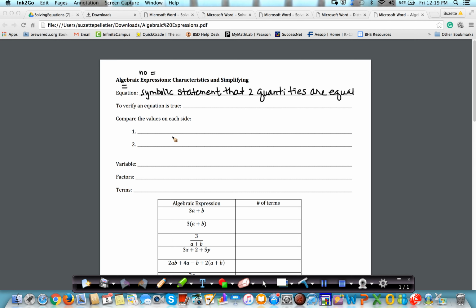So one of the things we're going to talk about is how you verify whether an equation is true or not. Just because someone writes two quantities set equal to each other in a statement doesn't necessarily mean it's true. So how do you verify that it's true?